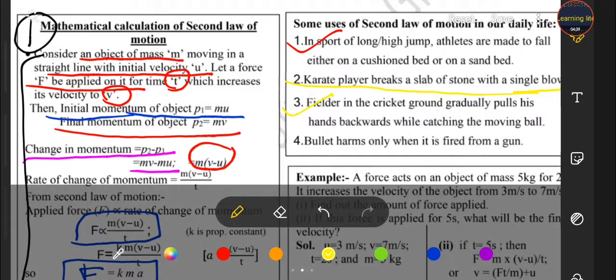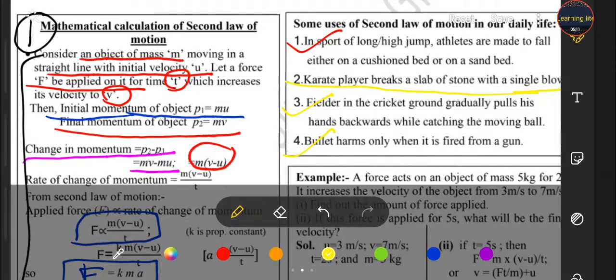Third, a fielder in a cricket ground gradually pulls his hands back while catching the moving ball. You notice in a cricket match, whenever a fielder catches the ball, he runs backward and moves his hands backward to catch the ball, not catching it at a standing position. Why? Because while he moves his hands back, he increases the time, and when the time increases, force decreases. So the ball does not harm him.